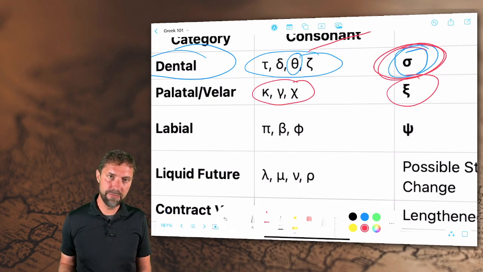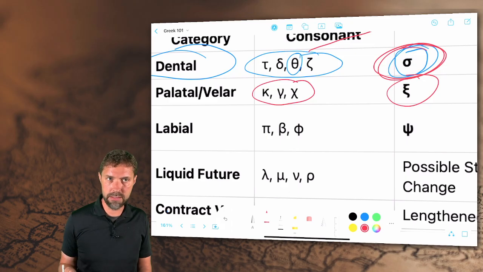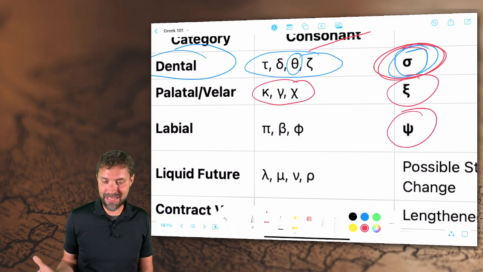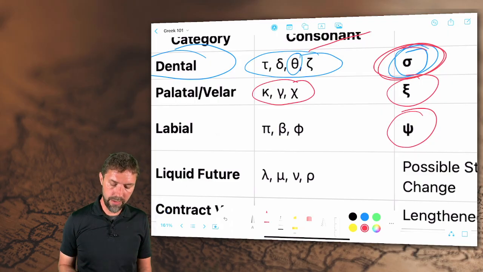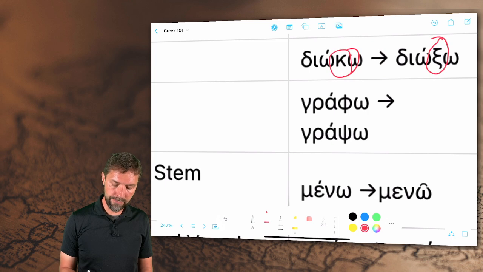P, b, f. Combined with a s, you can see how p, s, p, s would come out as psi. That's exactly what a psi is doing. It's a labial plus a sigma, sibilant. Put those two together, psi, and so in forms like grapho, the future tense will be grapso.